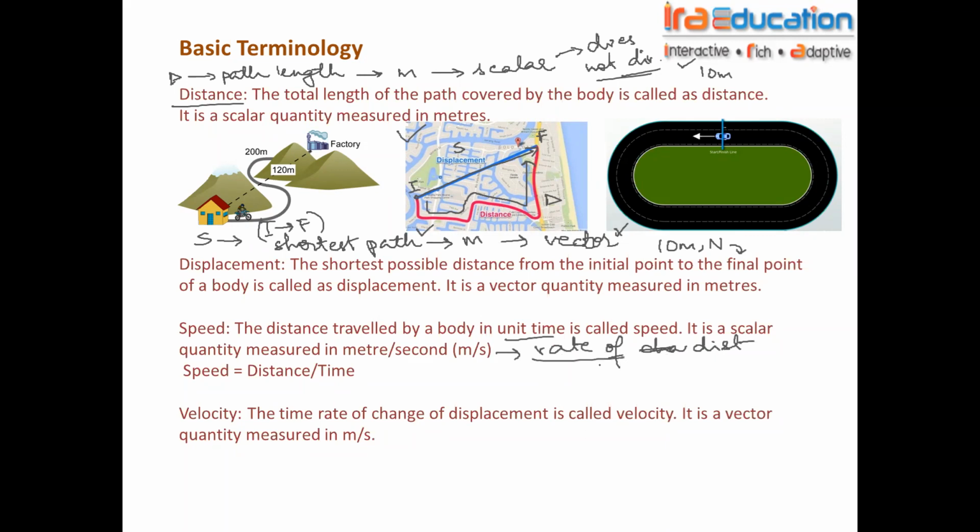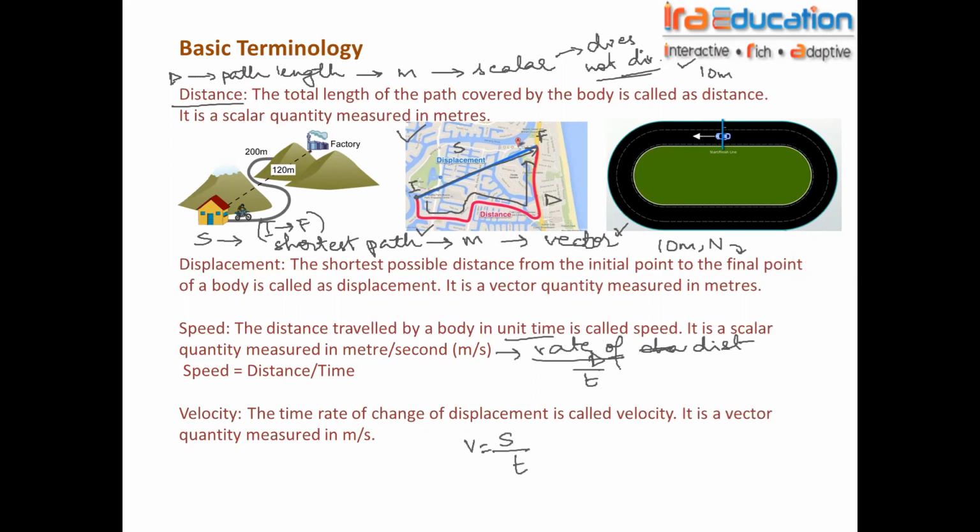The words rate of in physics mean the denominator is time. Whenever you see rate of, understand that in the denominator is time. So rate of distance means distance over time. Rate of displacement means displacement over time. What is that? Velocity.